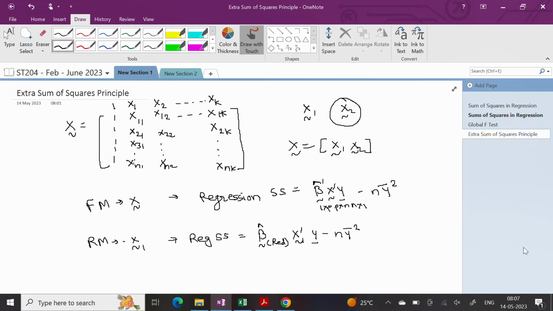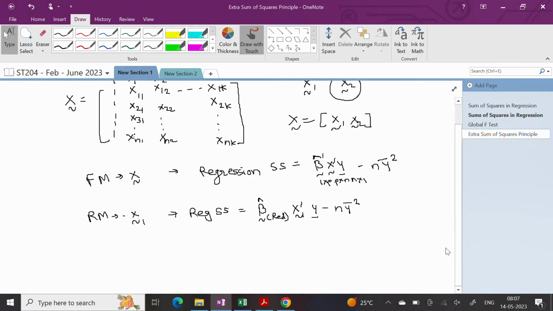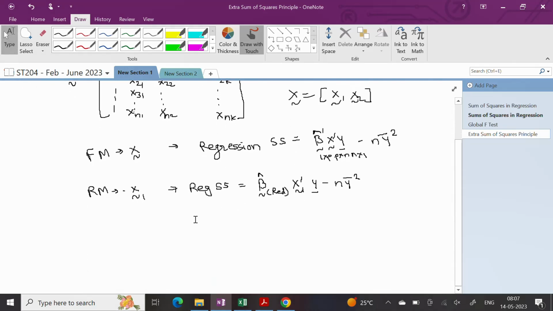What is beta hat for the reduced model? Beta hat for the reduced model will be (X prime X) whole inverse X prime y, but in terms of the reduced model. So it will be (X1 prime X1) whole inverse X1 prime y. This is my beta hat reduced, correct?